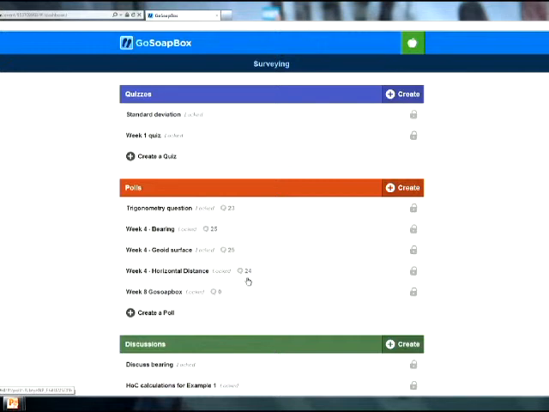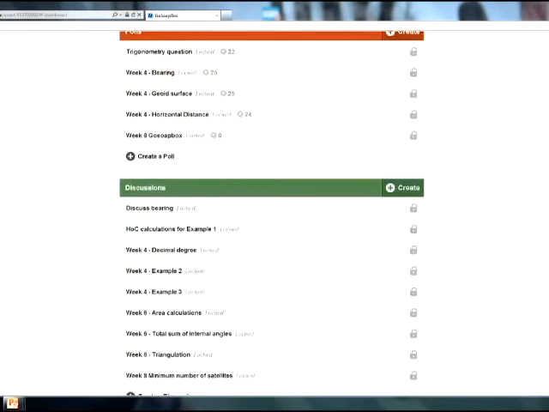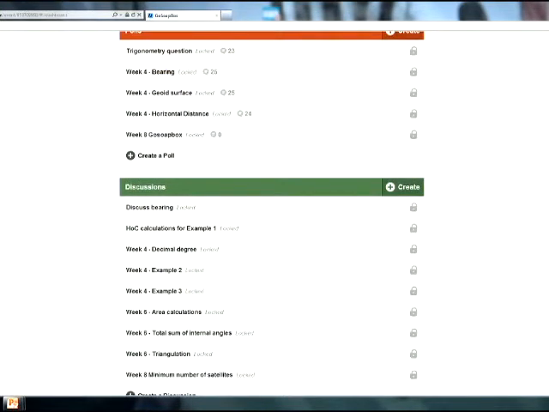The polling is used when you have definite 2 or 3 answers, where you want the students to select one particular answer. But for me, what was useful was the discussion, because I can set up a calculation example, and the students can do some quick calculations and put in the answer.